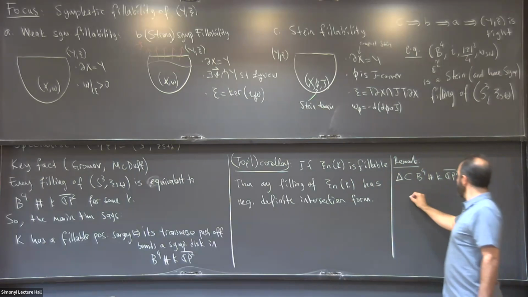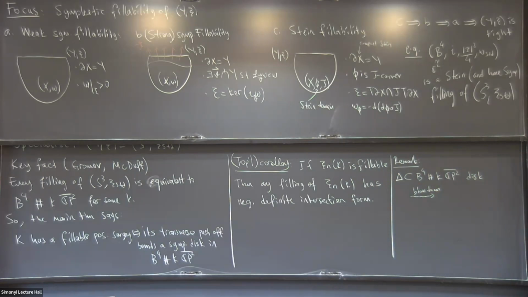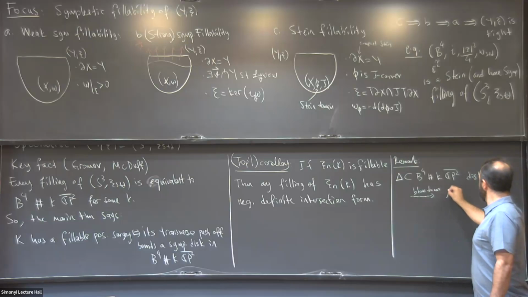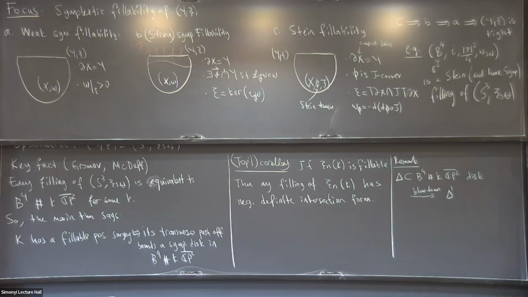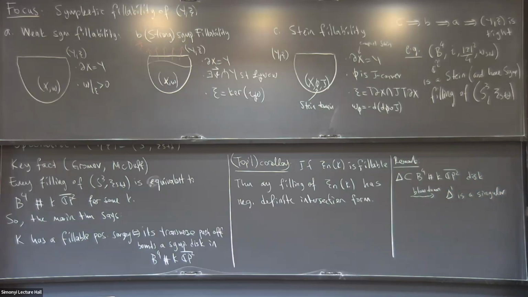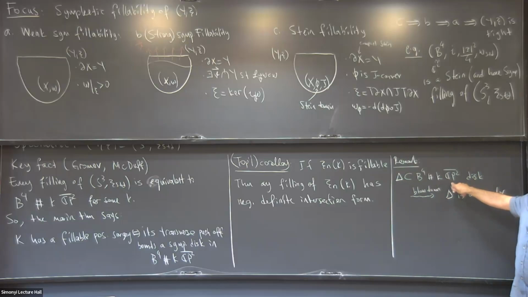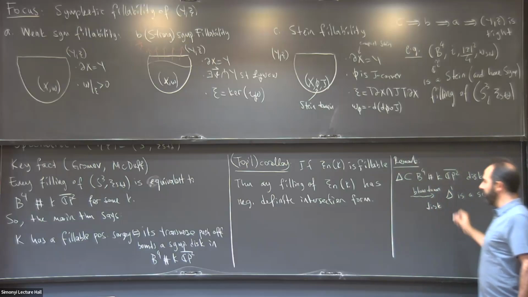So then what I will apply to this, I will blow down the CP2 bars, and then what I will get is another disk, delta prime, I will call it. This is, in general, singular. I mean, it doesn't have to be singular. It's possible that this disk is not piercing any of the exceptional disks that occur from the CP2 bars. In that case, they are there for no reason. But if they do, in general, this is a singular disk, and it will have a bunch of singularities.